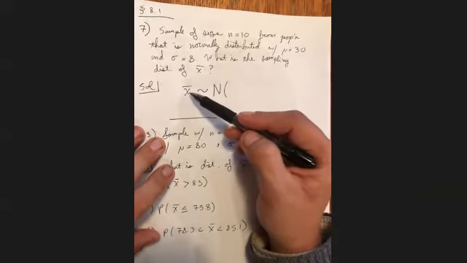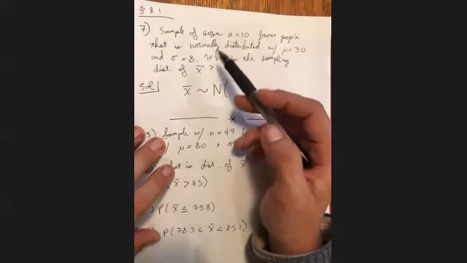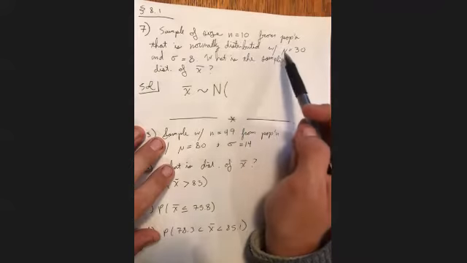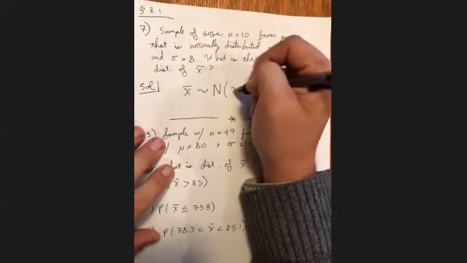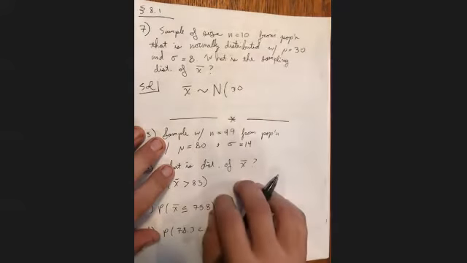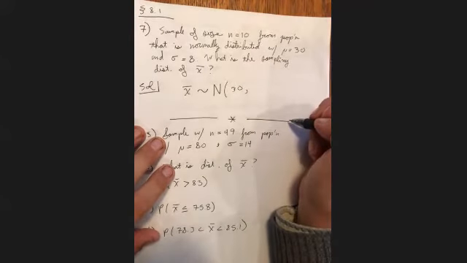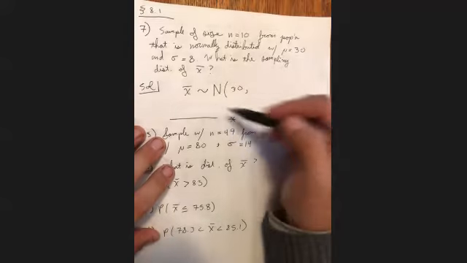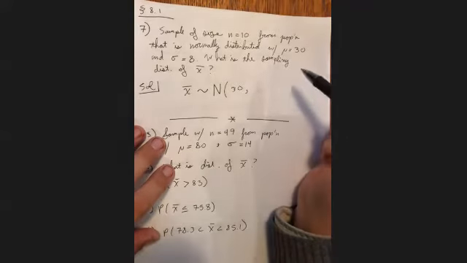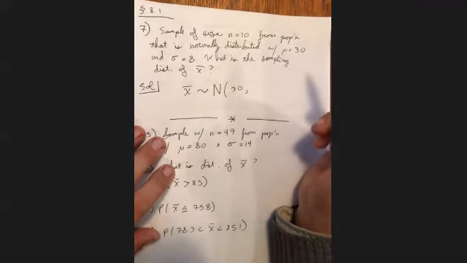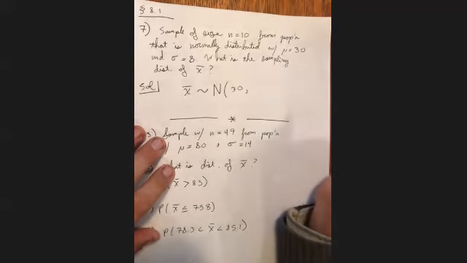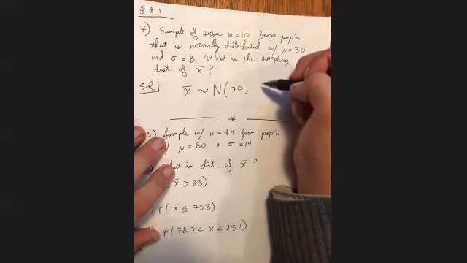So the mean for the X bar distribution is the same as the population mean, 30. The standard deviation or variance, as this distribution notation usually requires, is different than the population standard deviation. So it's related, but it's still different.